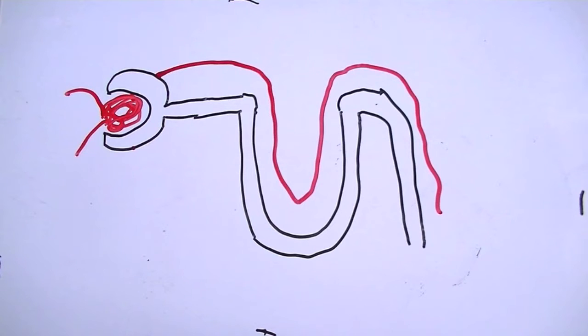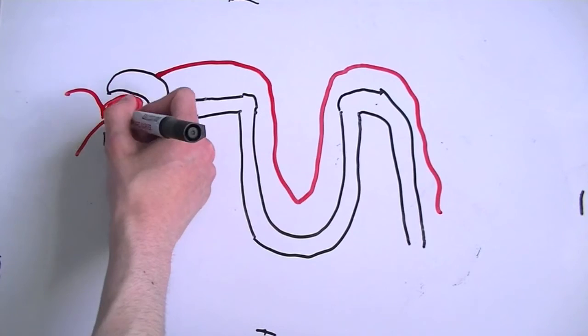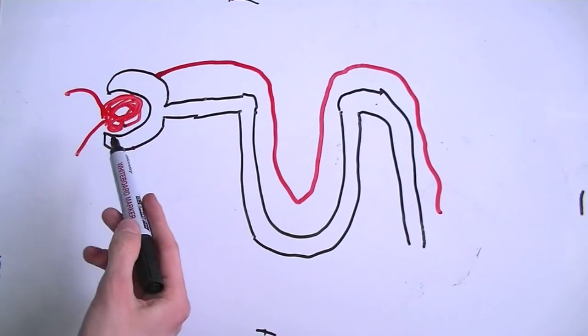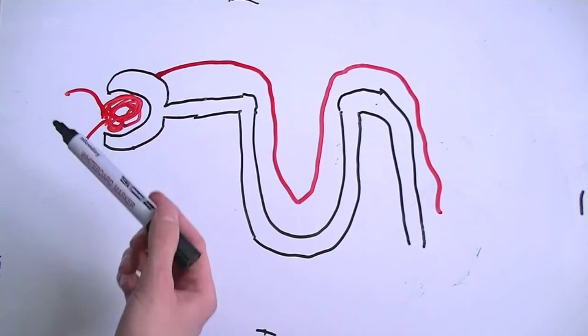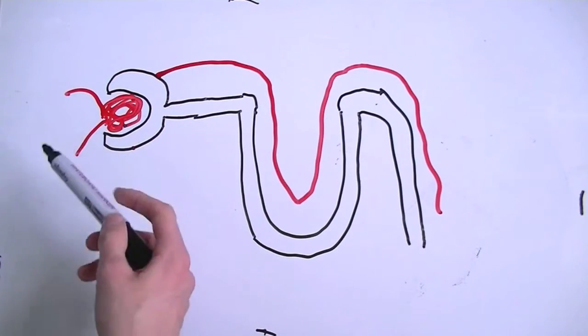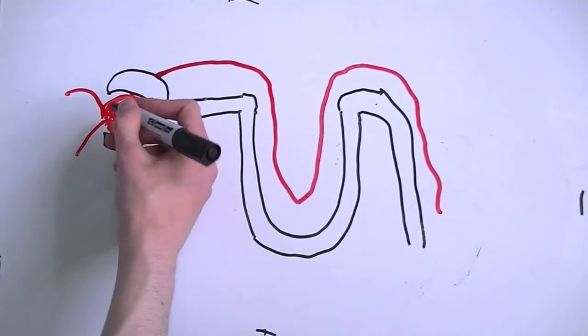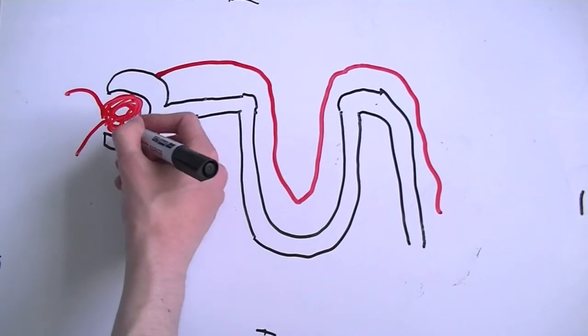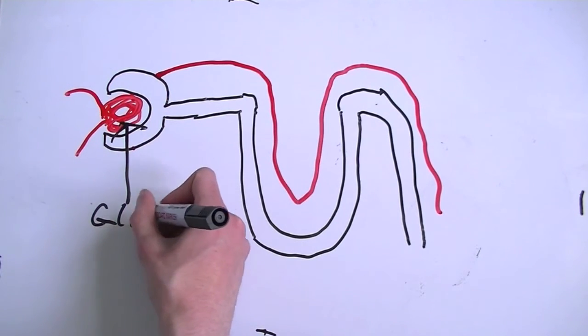So, first off, here we have the glomerulus, okay? That's this ball of red here, and that's a load of capillaries, and if you know what capillaries are, that's where all the substances can diffuse in and out of the blood. So this is just a lot of capillaries here, and it's called the glomerulus.